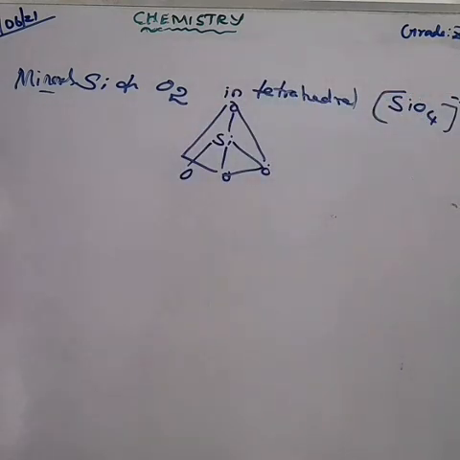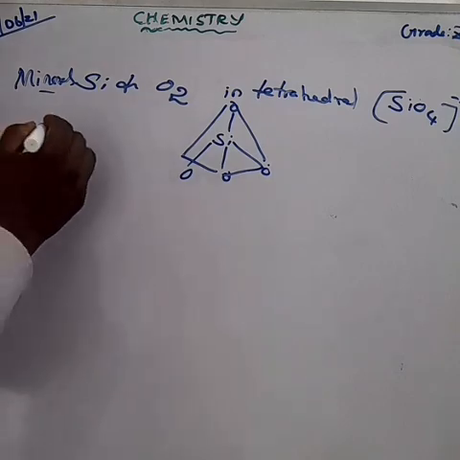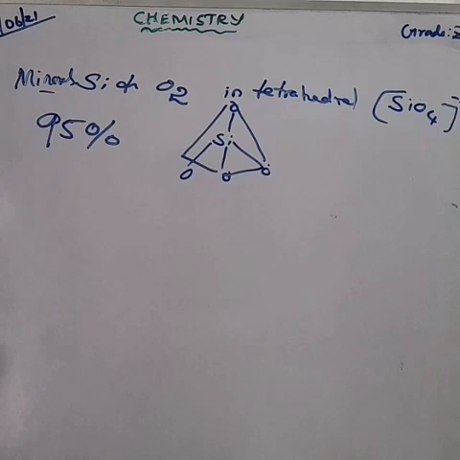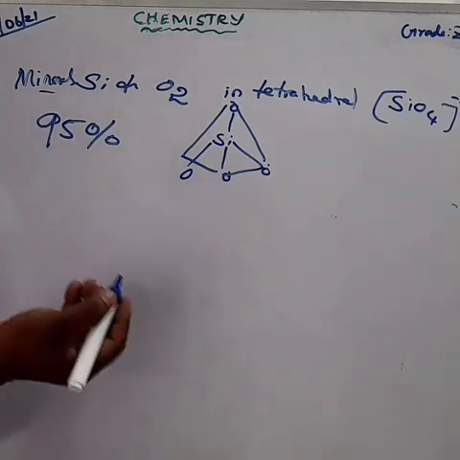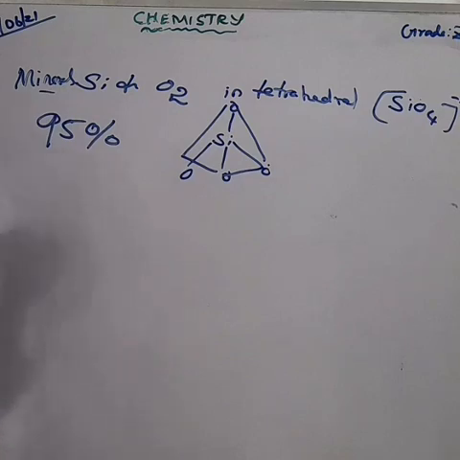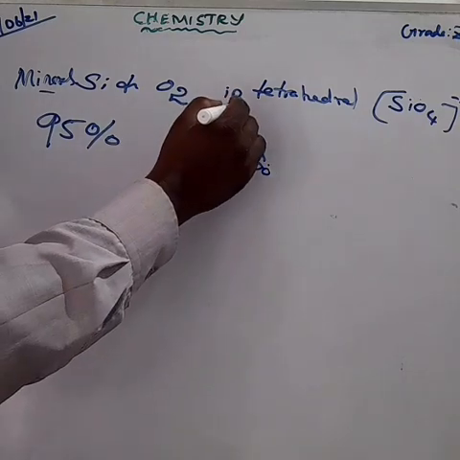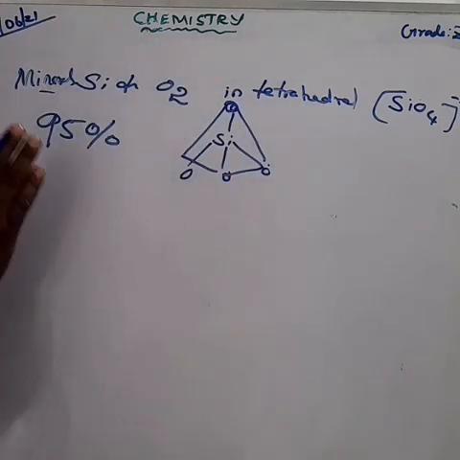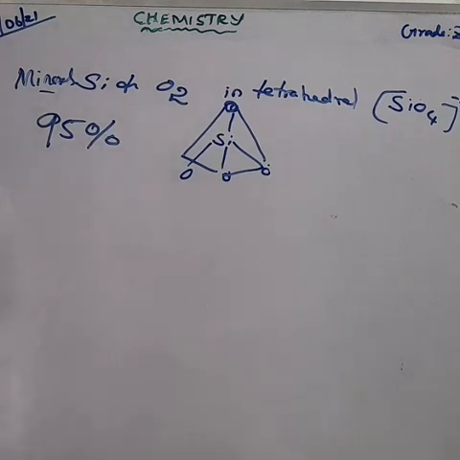In our earth crust, nearly 95% is composed of silicate minerals and silica. Silicate means sand, am I right? The glass and ceramic industries are also based on the chemistry of silicates.